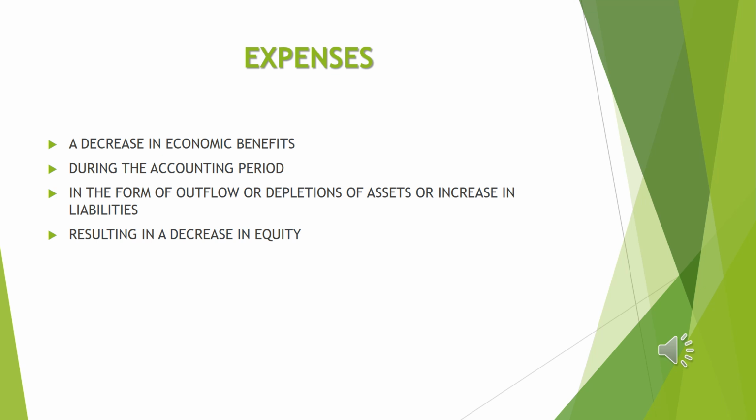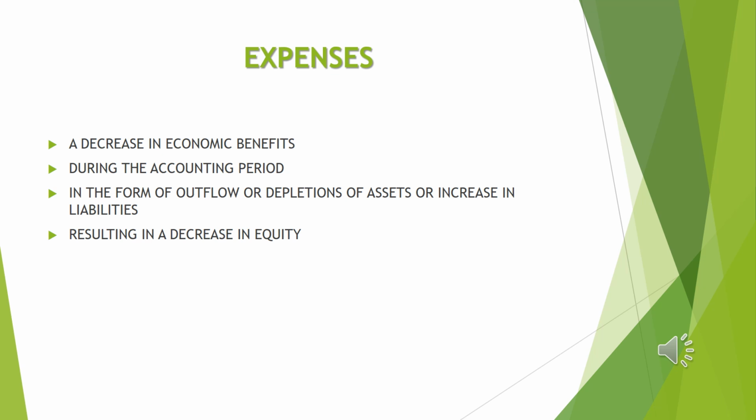It can be regarded as an expense if at the end of the month we are making payments. We regard it as an expense because it is a form of an outflow or a depletion of assets. In this case, depletion of assets, we are looking at a reduction of assets.